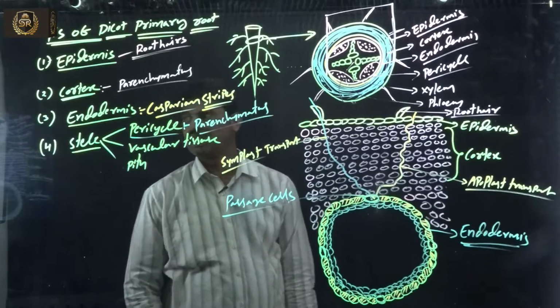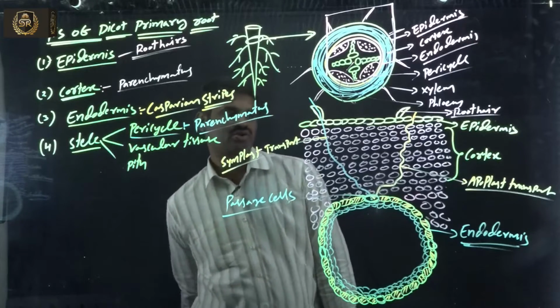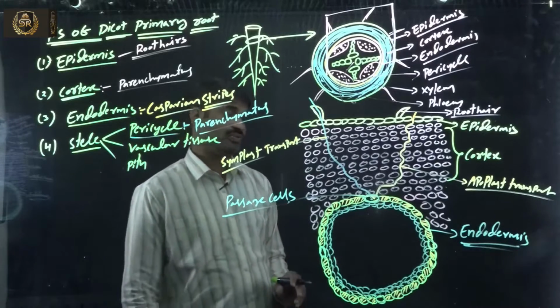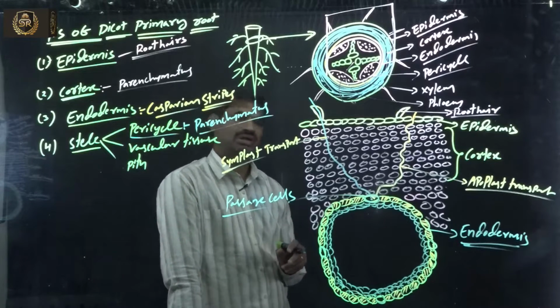The pericycle's main functions: lateral root formation, lateral conduction, and secondary growth and development.